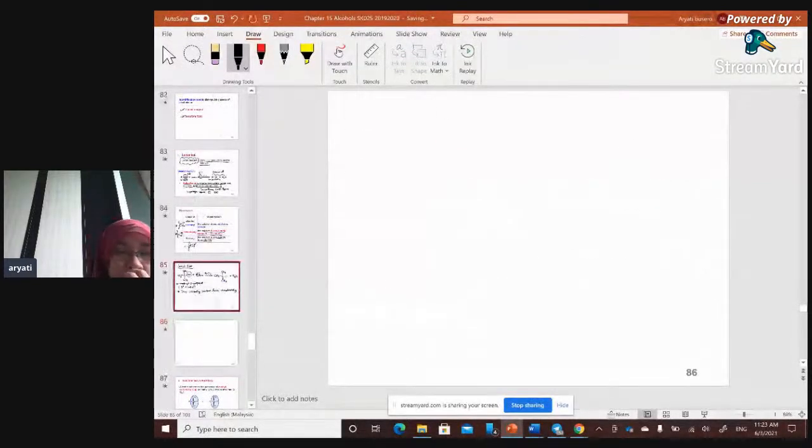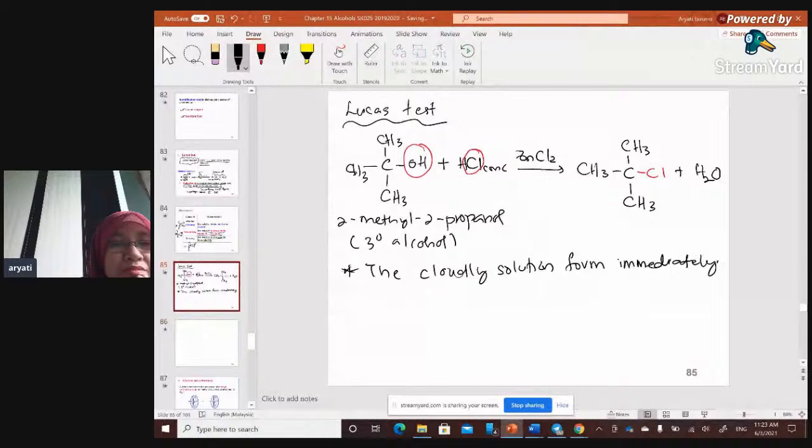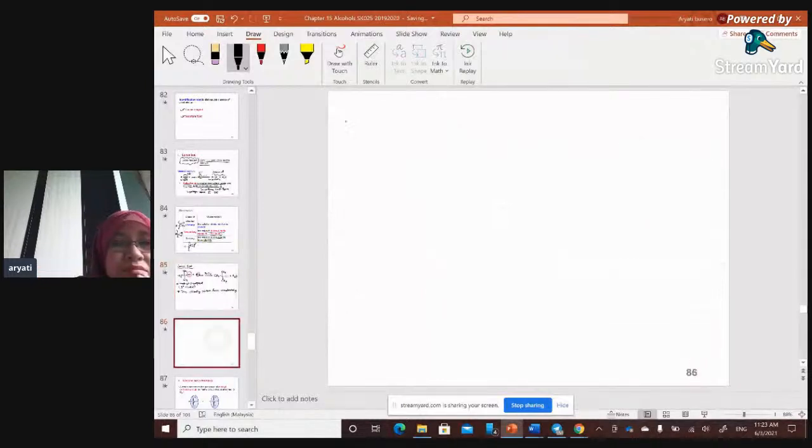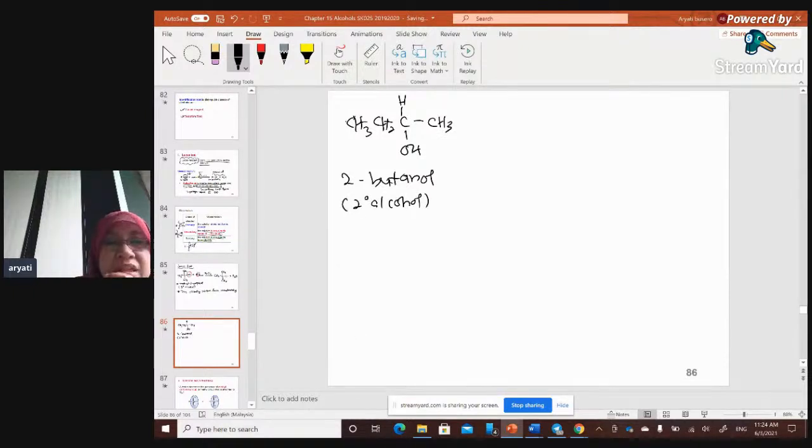Okay. Then you use butanol, which is a secondary alcohol, reacted with concentrated HCl, with ZnCl2 as your catalyst.